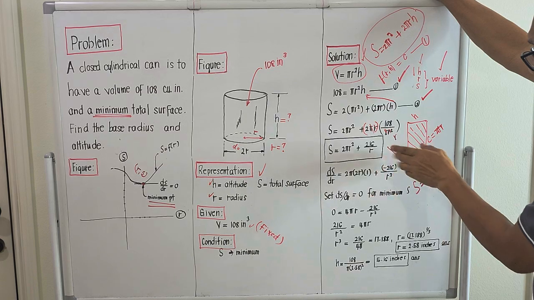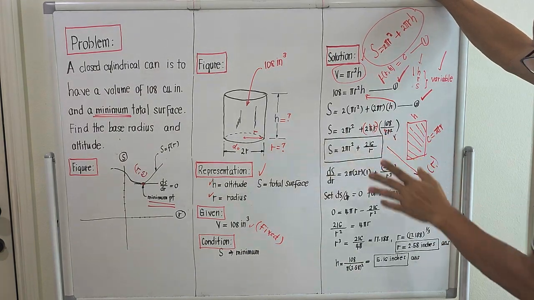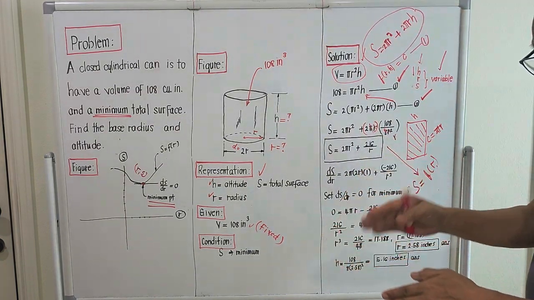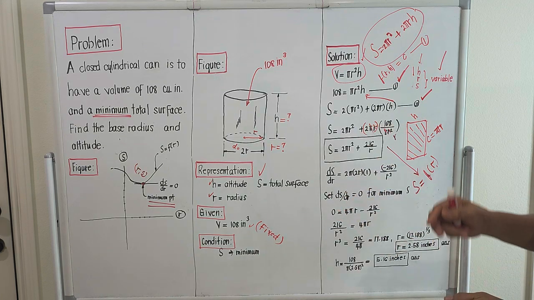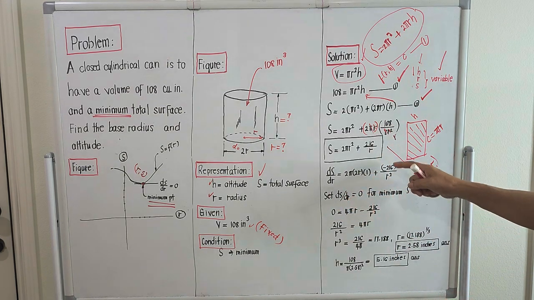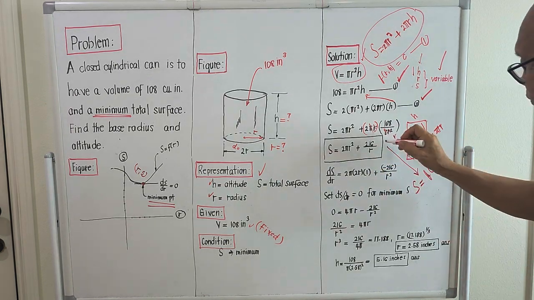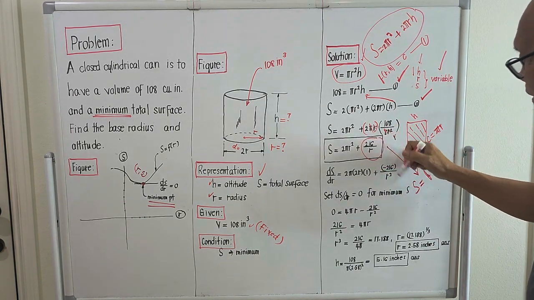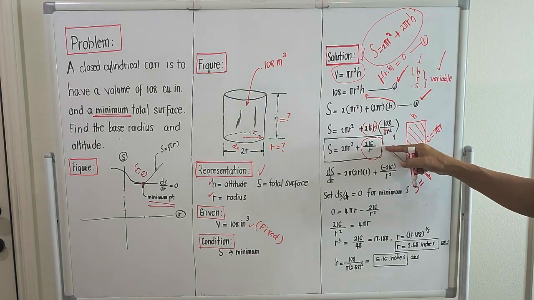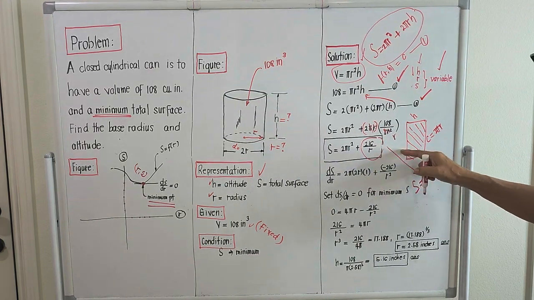Plus, this is a constant over a function. There is a direct formula for the derivative of this one: that constant preceded by a negative sign all over the square of the function. Or if you don't want to use that formula, you can use the quotient formula. What will come out is just the same as this one.